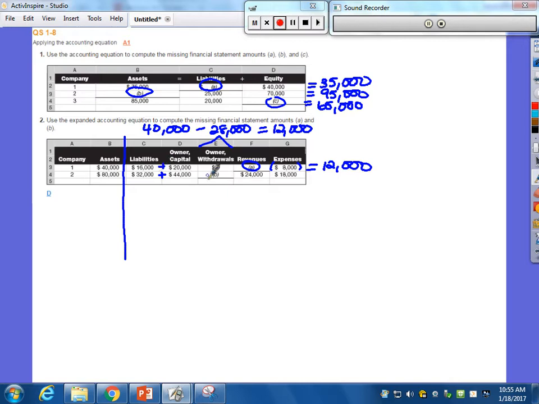We're trying to find out our withdrawals, right? 76,000 plus 24,000 is what? 100,000. And then minus 18,000? 82,000. Now, you know your assets are 80,000. So 80,000 minus 82,000 is going to equal a negative what? 2,000. So this is your withdrawal amount.